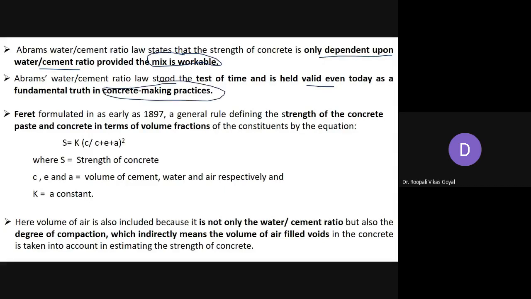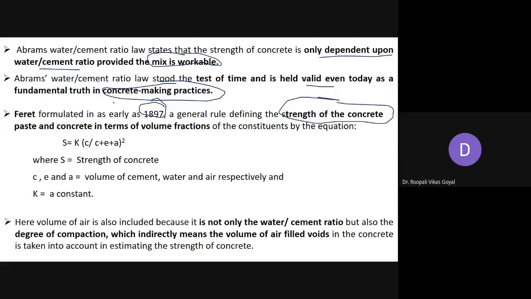Okay, so before Abrams, Powers had also formulated earlier, in 1897, a general rule defining the strength of concrete. He has also given one equation. That equation was in the form of paste and concrete in terms of volume fraction of constituents.